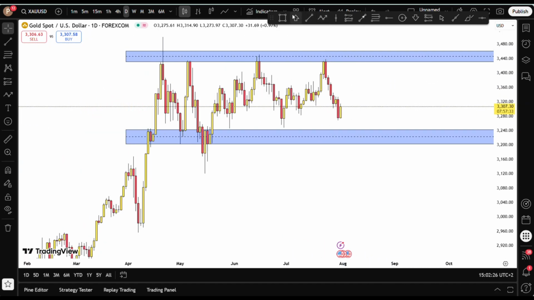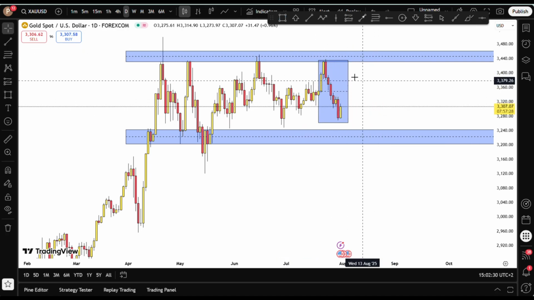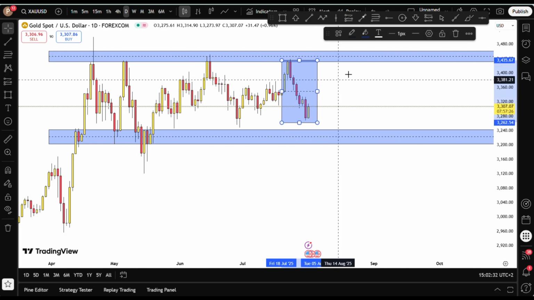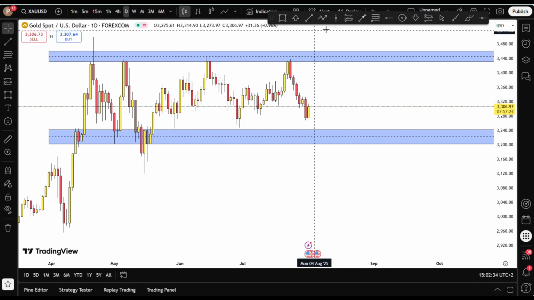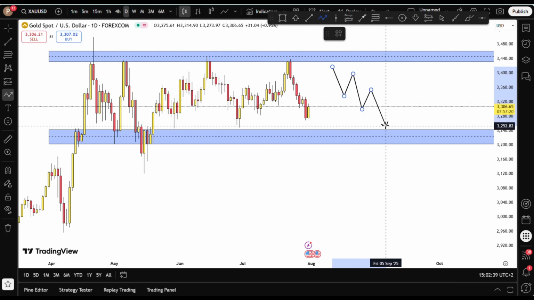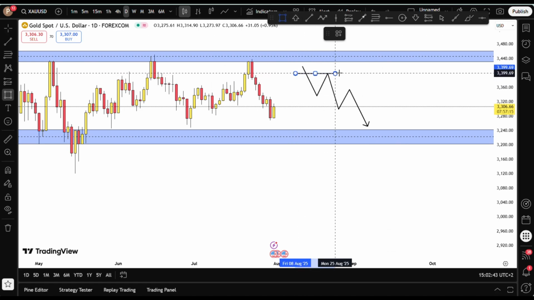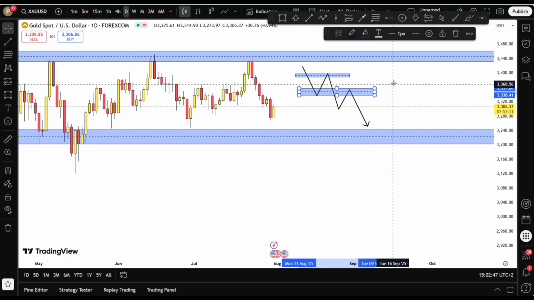Here on the daily time frame, we can look at the zone here, these candlesticks. They show us that on the daily time frame we are in a downtrend, in this pattern here. We are making lower lows and lower highs, breaking these lower highs and making new lows.